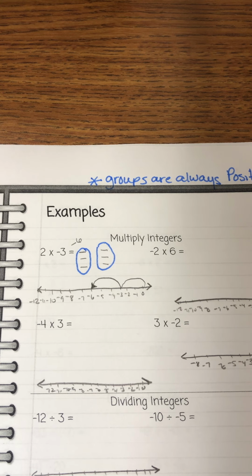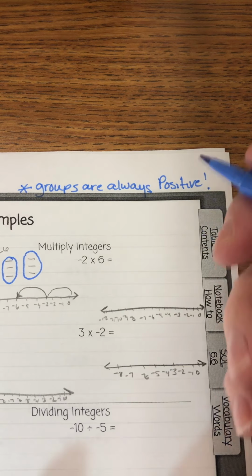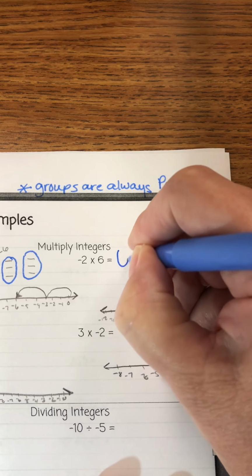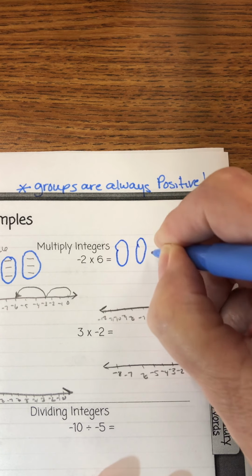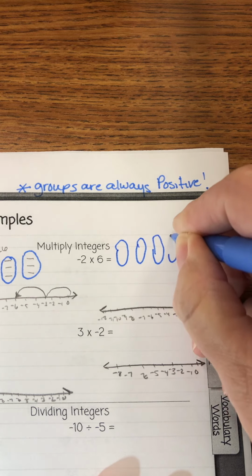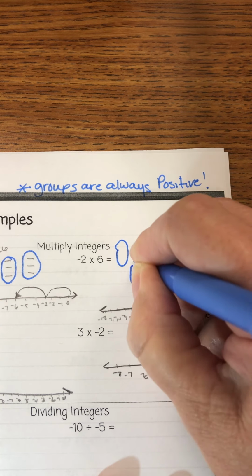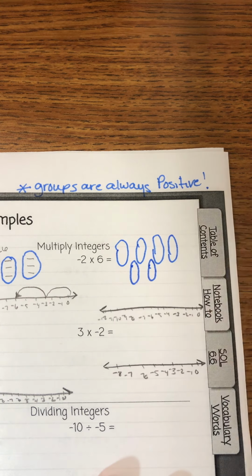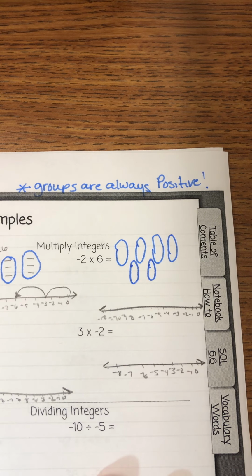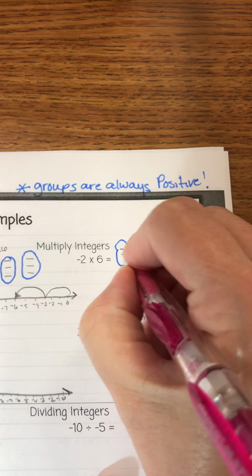So now let's look at our second example. You need 6 groups. And then we'll put these two underneath. And what went inside those 6 groups? Well, 2 negatives.